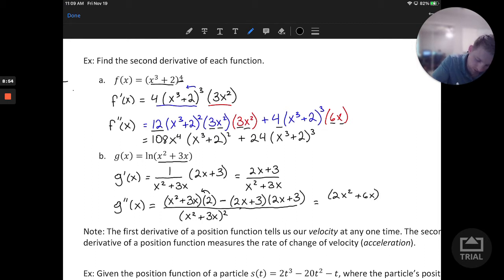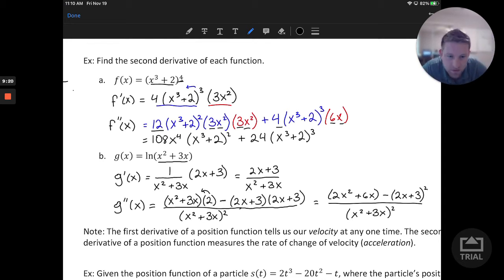And then we could list out the other portion as just 2x plus 3, and that's quantity squared, all over the x squared plus 3x quantity squared. So that's an okay place to leave it. We have evaluated the second derivative. If we were to evaluate this at a single point on the domain of g, we might want to simplify it a little bit better, but that's pretty good for right now.